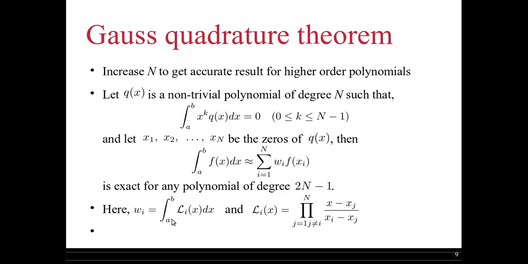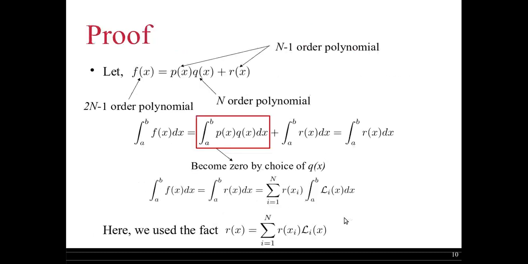Okay, so you can see that this is a successive multiplication, and as j is not equal to i, it goes from 1 to n, so that means it will be a multiplication of this kind of term n minus 1 times, so it will be an n minus 1 order polynomial. Okay, so this is the Lagrange interpolating basis.